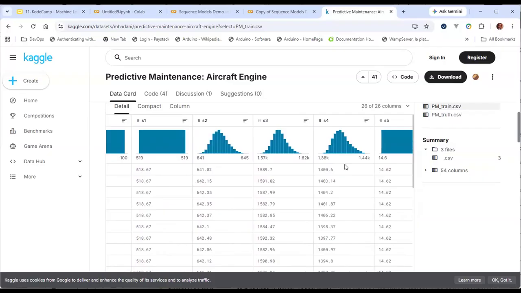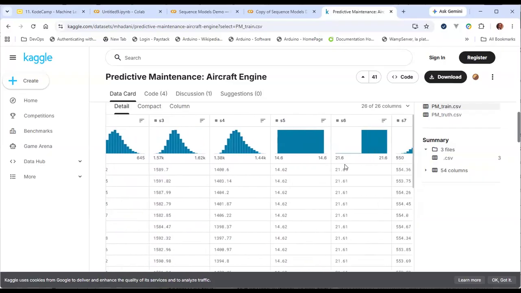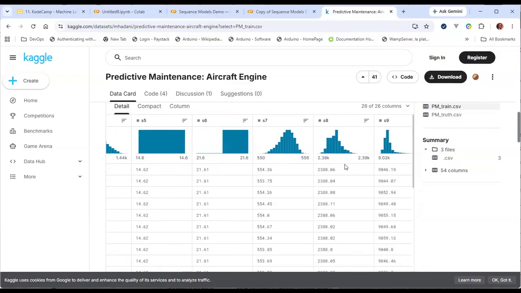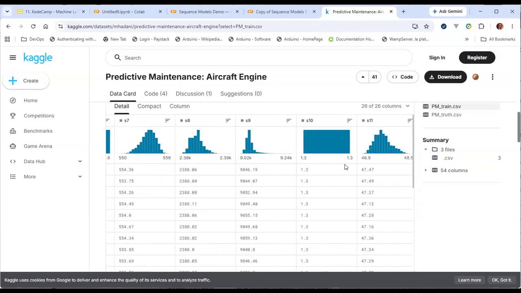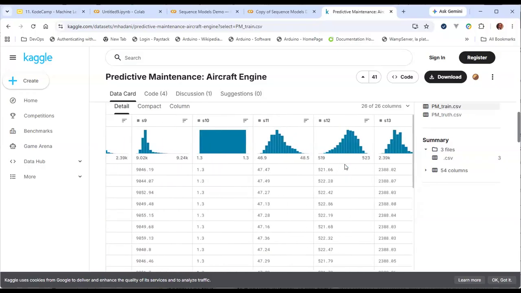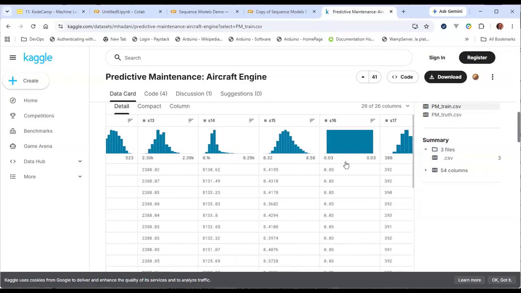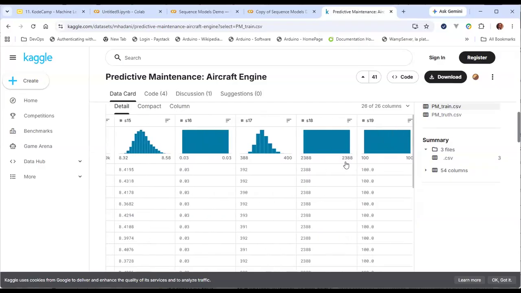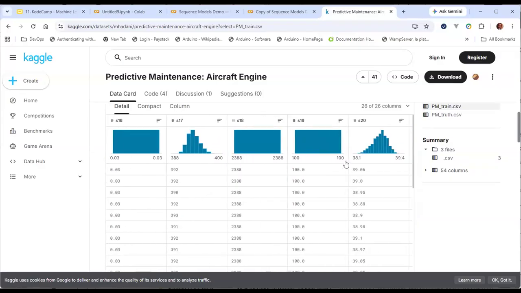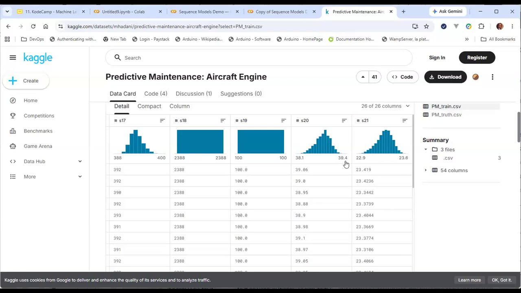I want to see if I can predict something else, the next value in the sequence, right? But in a lot of these columns, most of the values are similar. Not much is changing, but there are some where it is changing. For example, this one, you can see the distribution is high, but in this one, all of them are basically the same value.